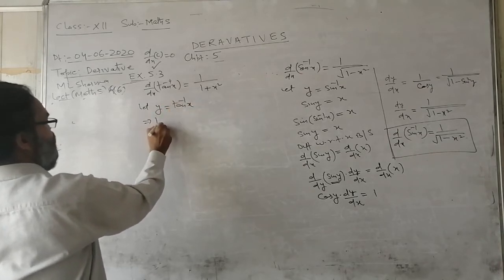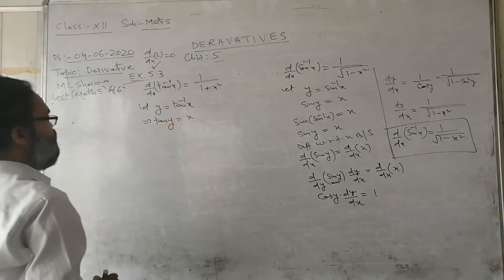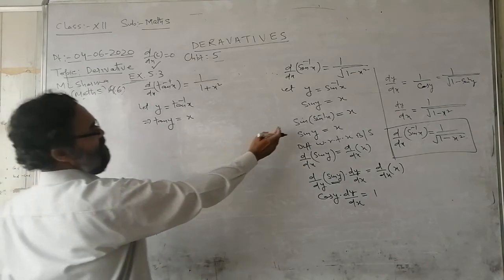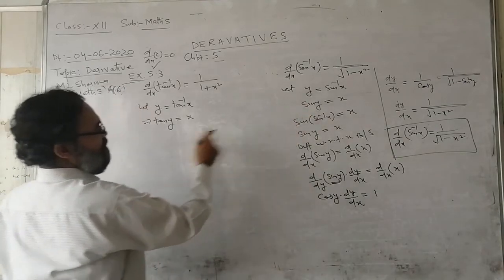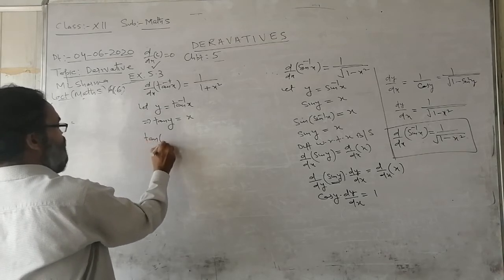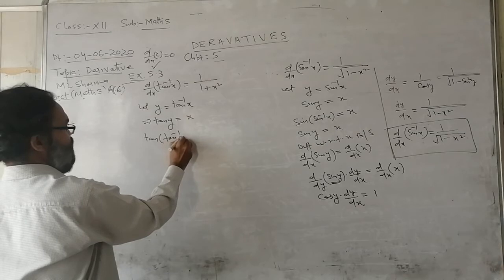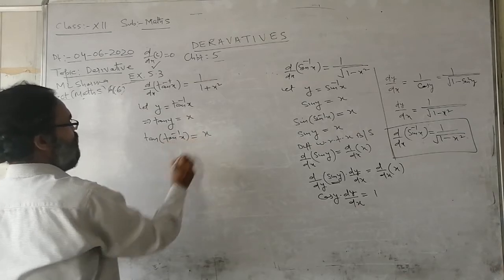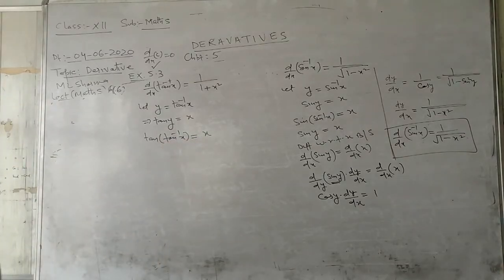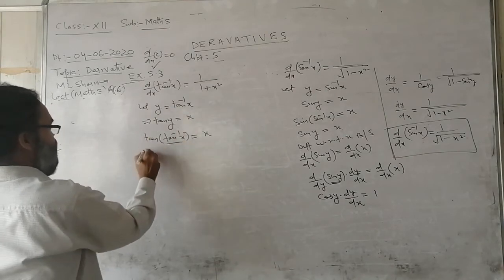So this means tangent y will equal to x. Now again here I had written sine, now here it is tangent. I can write tangent into tangent inverse x will equal to x, or in this place I can write tangent y equal to x.